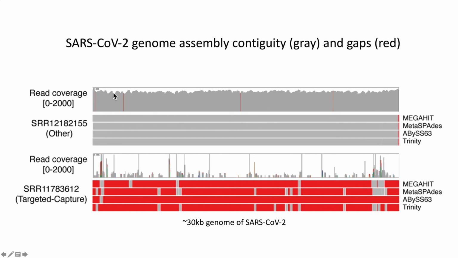It has uniform read distribution across the genome, whereas we got bad assembly because of the sparsity of the sequencing. You can see some of the regions have no reads, so the assemblers were not able to construct the genome from those locations, whereas this region has some reads mapped, so some of the assemblers were able to construct the sequence from this region.